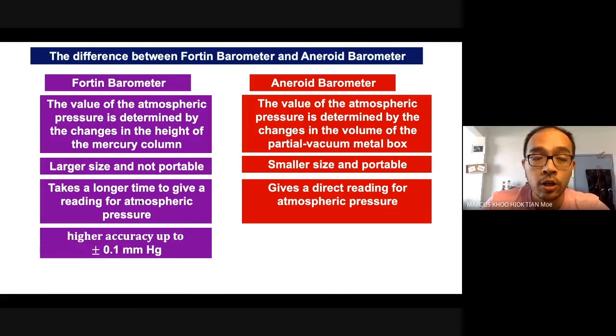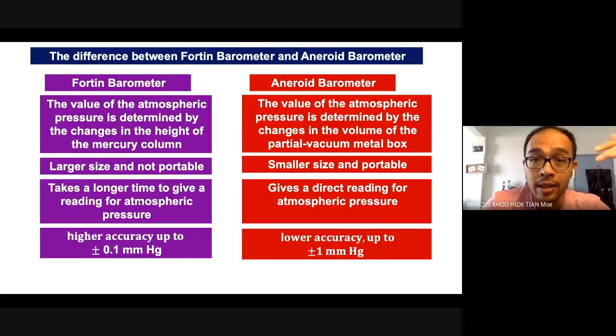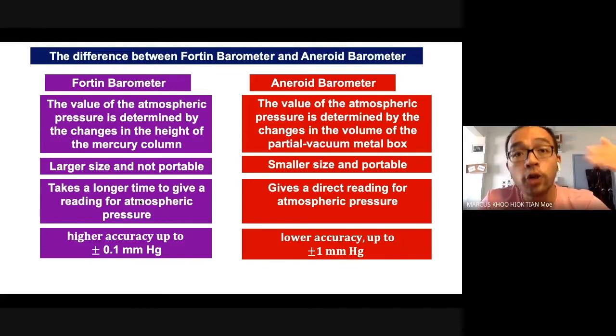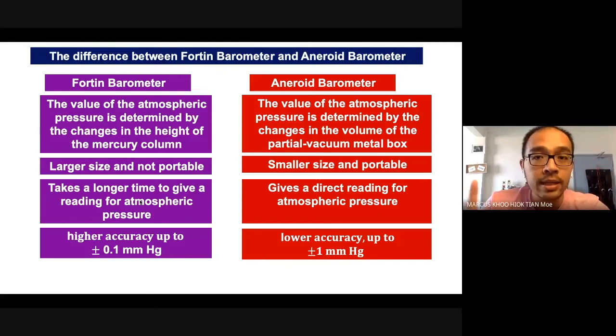But the good thing about the Fortin barometer is that it has a higher accuracy, up to 0.1 millimeter Hg, whereas the aneroid barometer gives you a ballpark figure, but not really an accurate one. So the differences are sometimes good for the Fortin barometer and sometimes good for the aneroid barometer.